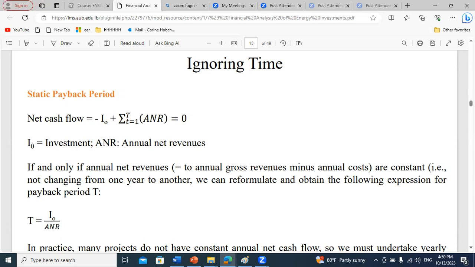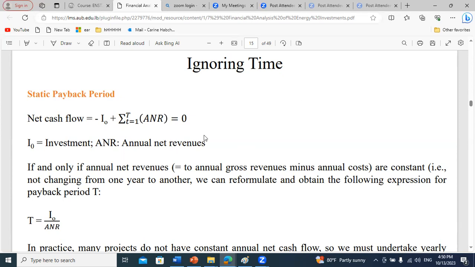This means that the benefits should be equal to the investment. So if we consider here the initial investment and the annual net revenues, why do we talk about net revenues? Because we always have, let's say, some operational and maintenance costs. So these should be subtracted from the revenues.